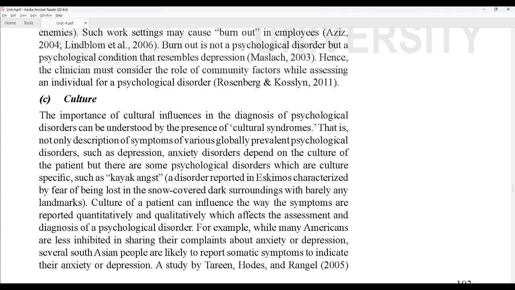C. Culture. The importance of cultural influences in the diagnosis of psychological disorders can be understood by the presence of cultural syndromes.